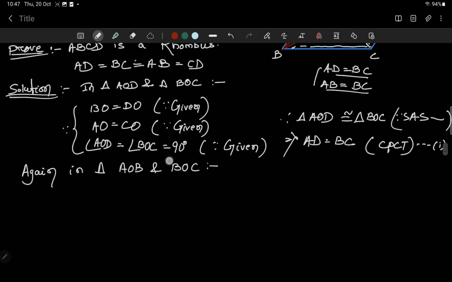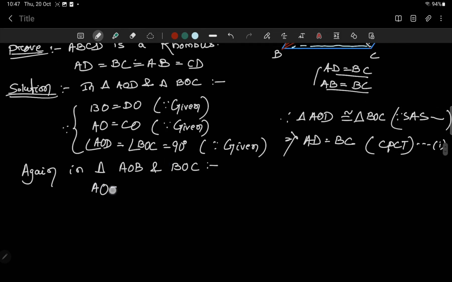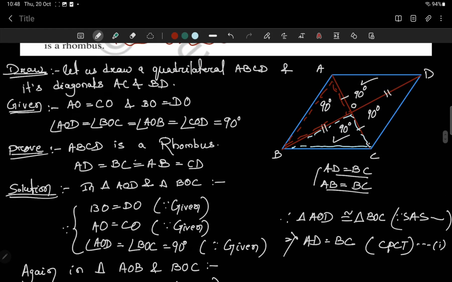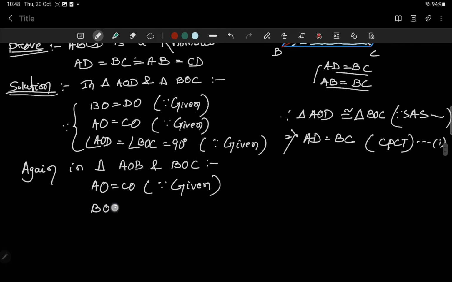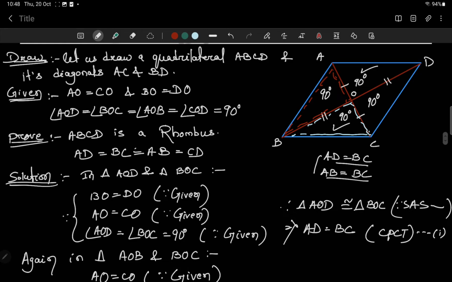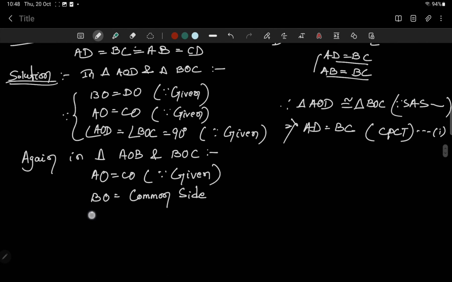Now AO equals to CO, why? Na given. Then BO equals to BO, common side. Okay, and angle BOA equals to angle BOC equals to 90 degree. Why? Na it is given, it's already given.